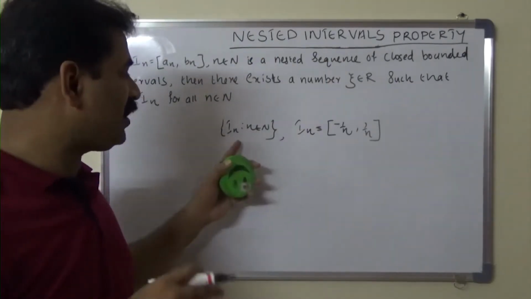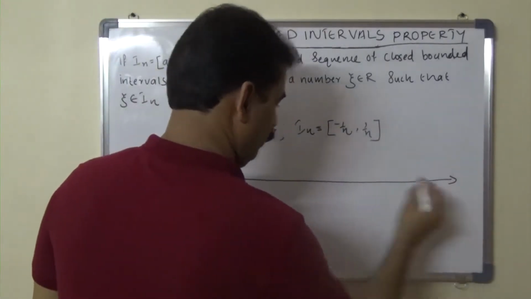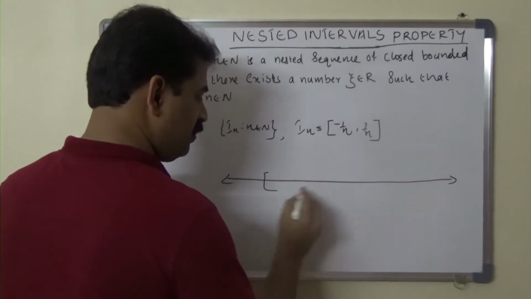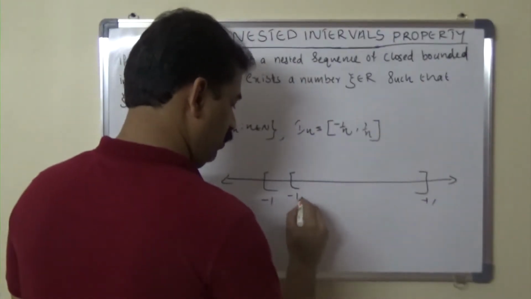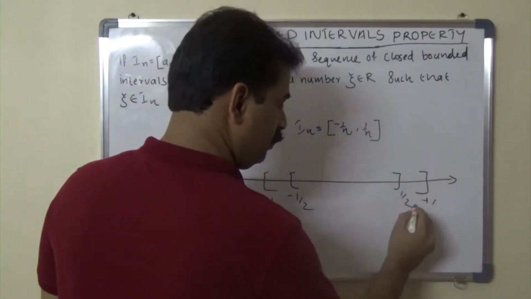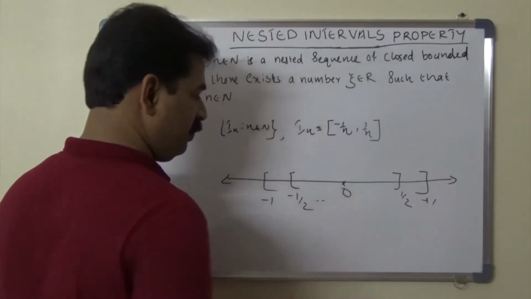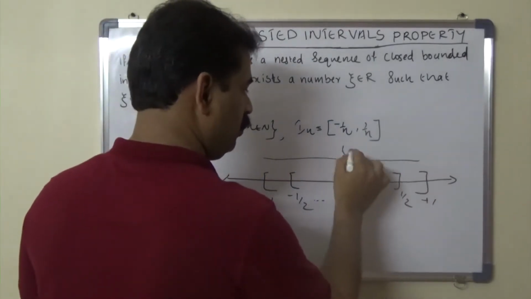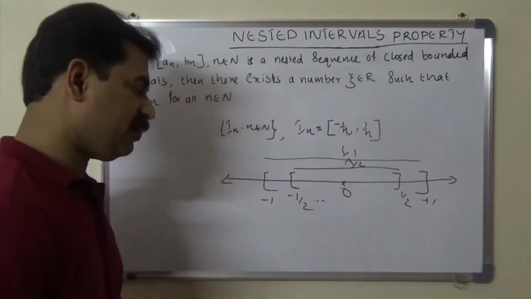Clear? In this case, this is I_1, [-1, 1], and this is I_2, this is 0, etc. Clear?